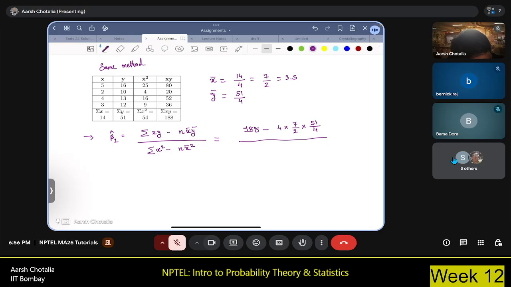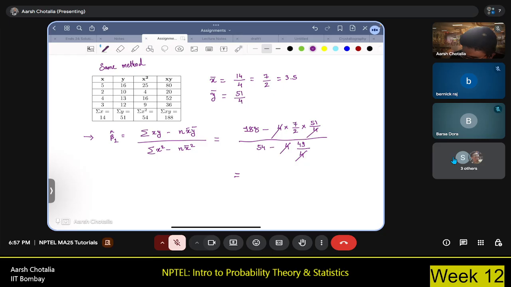And then sum over x square, that is 54, minus 4 times x bar square. X bar square is (7 by 2) square, so that is 49 by 4. Okay, then do some tiki-taka. 4, 4 gets cancelled. Here also 4, 4 gets cancelled.